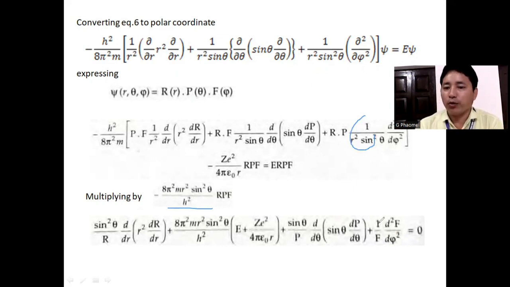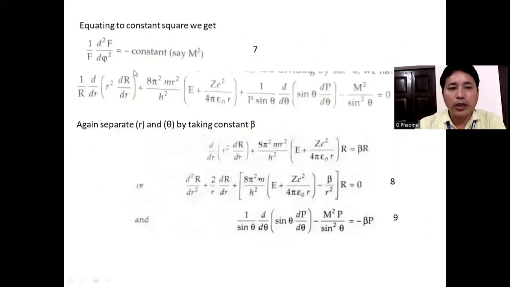That means we have only 1 by F d squared F by d phi squared. Therefore, it is totally separate. F is a function of phi only. It does not contain r, and it does not contain theta. Therefore, this can be equated to a constant, and then you will find only r and theta in the rest. If you equate it, we get simply one equation.